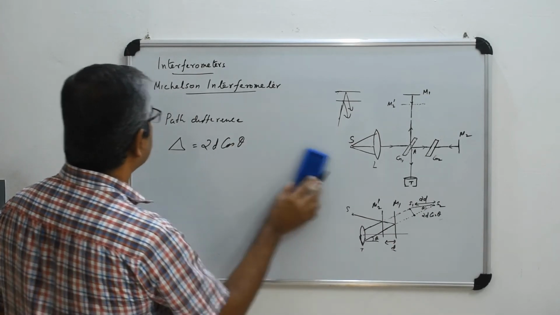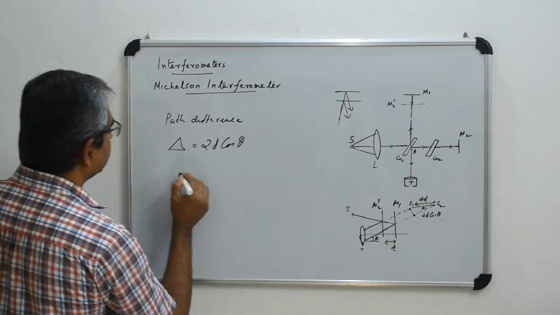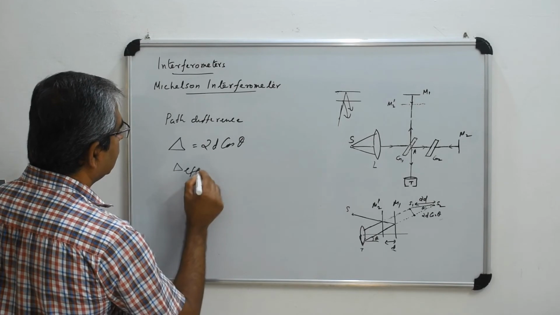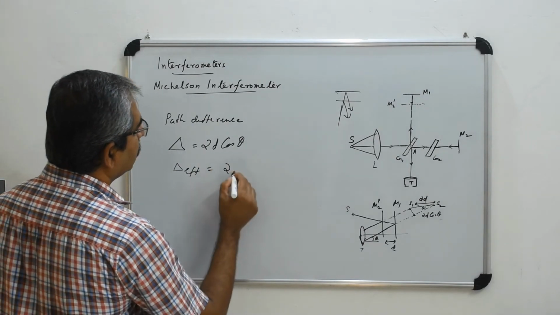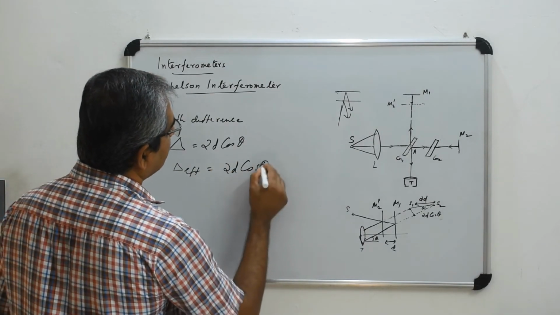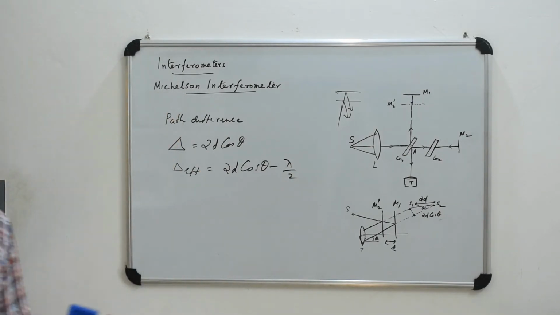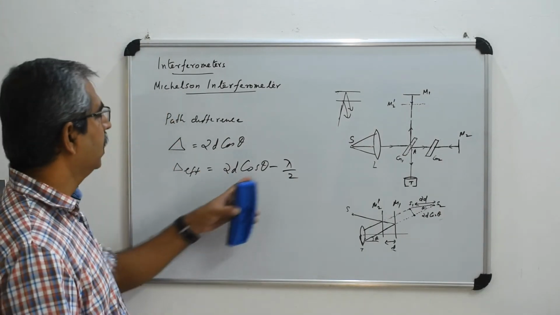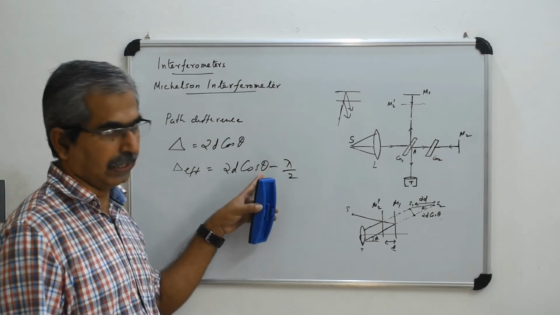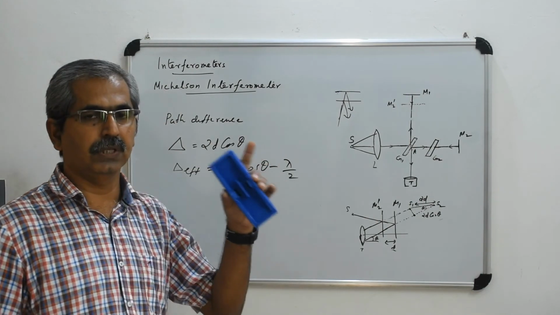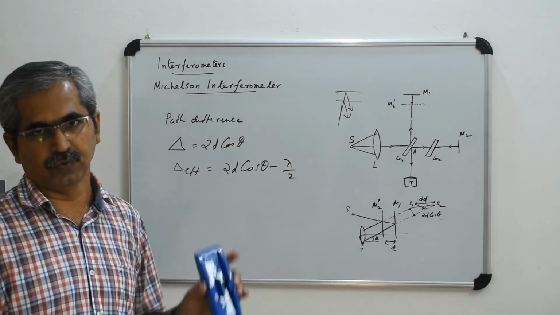So what is the total effective path difference? We can write delta effective equal to 2d cos theta minus lambda by 2, corresponding to the reflection. Now again remember this theta. This is somewhat similar to the equation for the thin film.